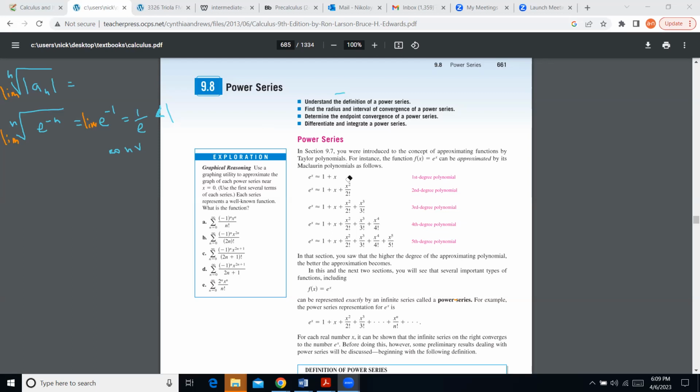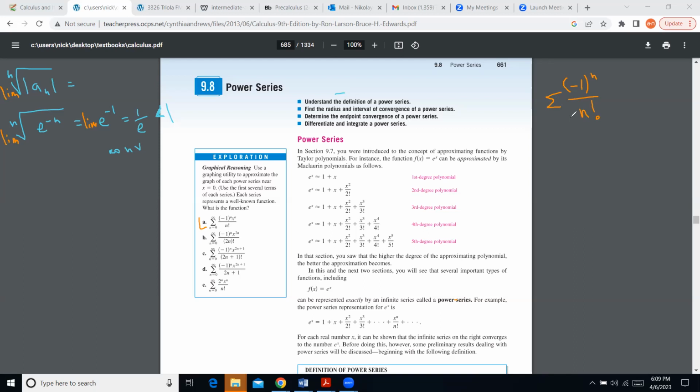So for example, here, if you look at part A, it has a sign alternating series that looks like (-1)^n divided by n factorial. If I look at that series, there'd be nothing special about this.